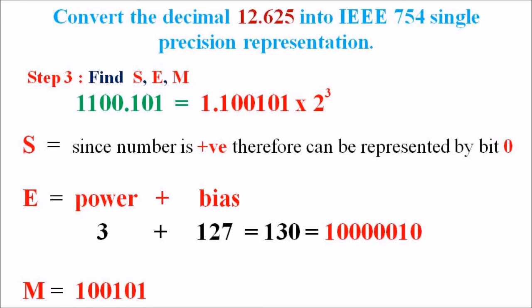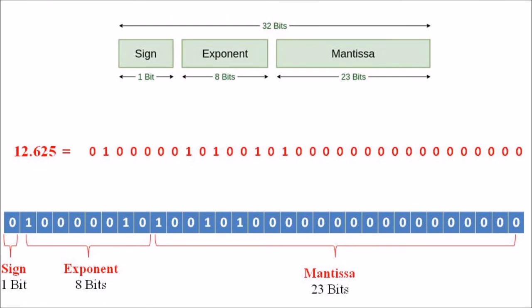So here we got the 3 sets of values. The sign bit S is 0, since the number is positive. E is the exponent, an 8-bit representation: 10000010. And the mantissa portion is 100101. Finally, the decimal number 12.625 can be represented in IEEE 754 32-bit representation as follows.